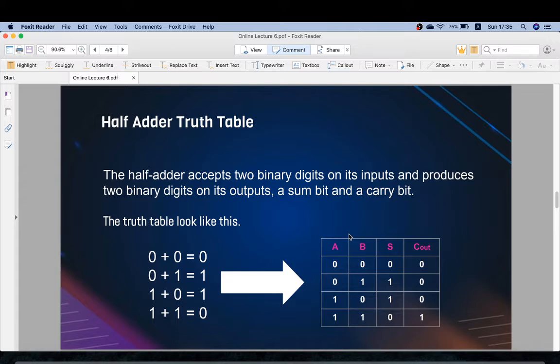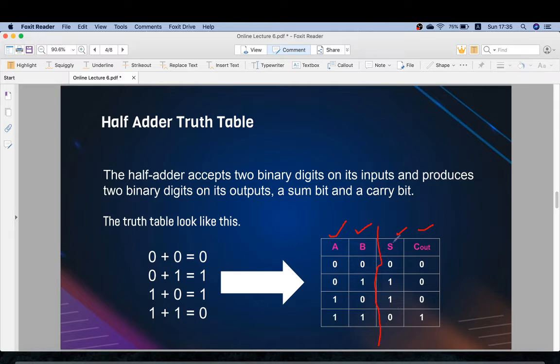So let's start making the truth table. First of all, A is input, B is input, while S and C out are the outputs. We can separate them with a line here.